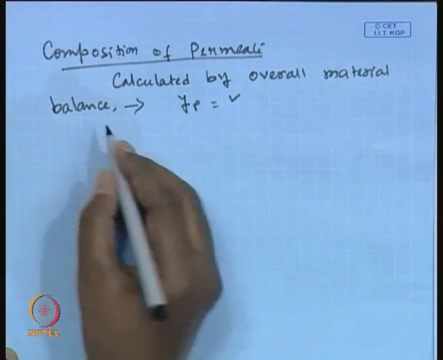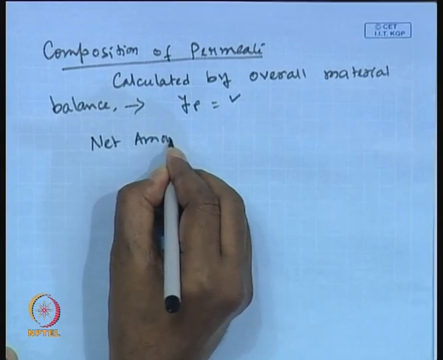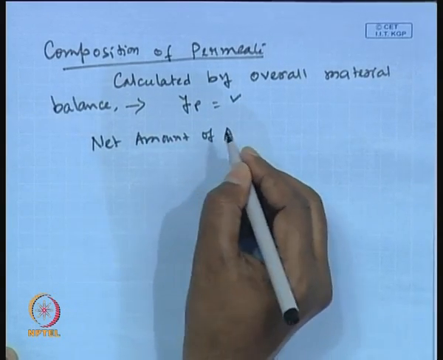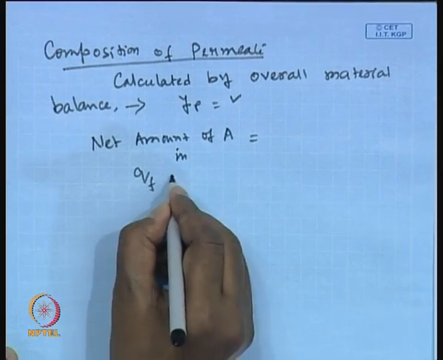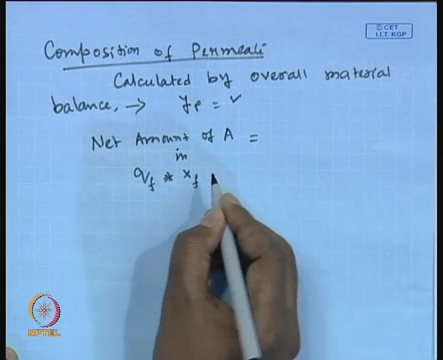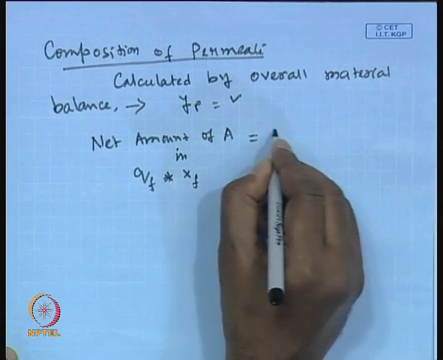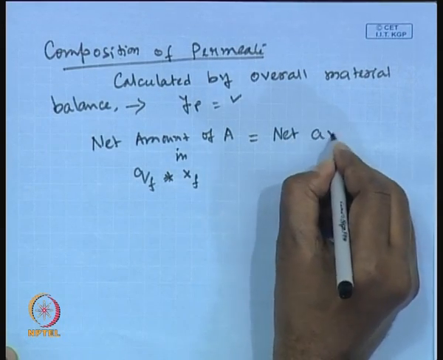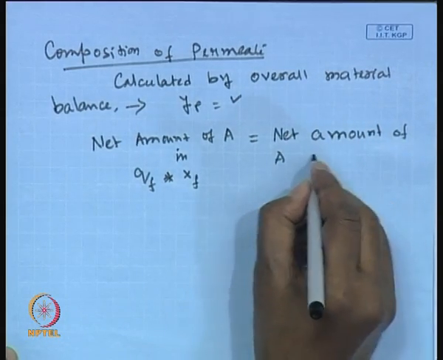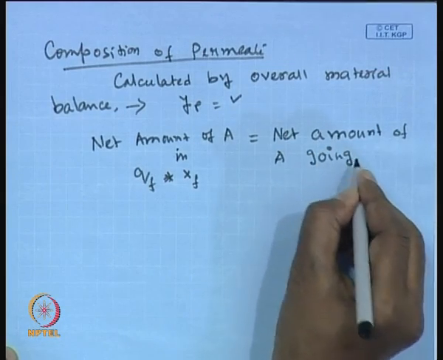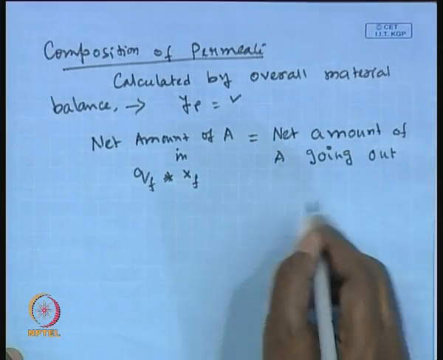What is overall material balance? Net amount of A going into the system in, and what is the net amount? Q f multiplied by x f. Okay. Net amount of A going out at the steady state. There are two components, one is by the reject stream, another is by the permeate.